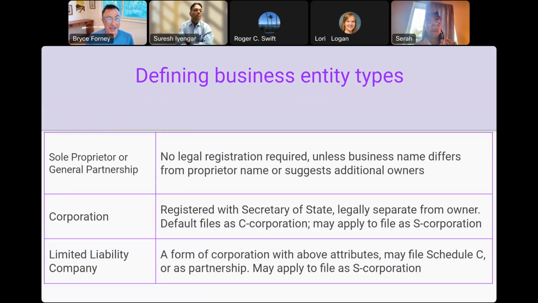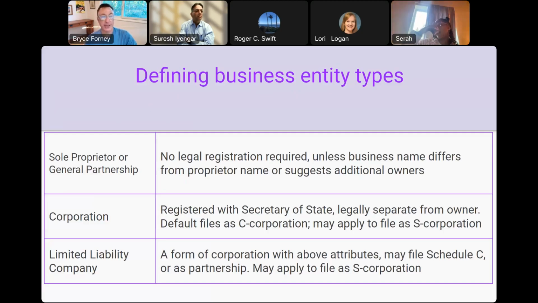So I thought we would begin by defining what entity types are out there and available. There's kind of a permutation that I'll speak to in a second that I'm glad came up before we came on here. So the default entity type, if you do no filing at all, is sole proprietor: one owner, operating essentially as a form of your name.